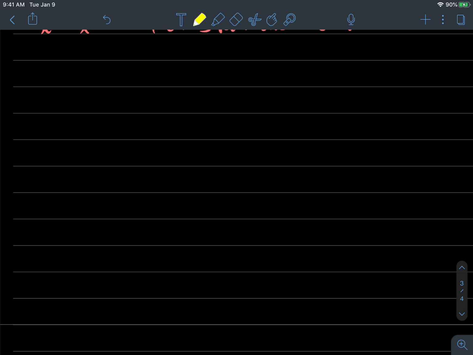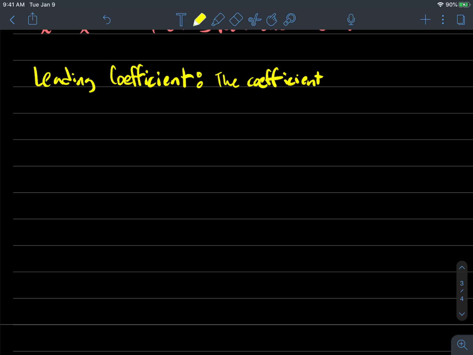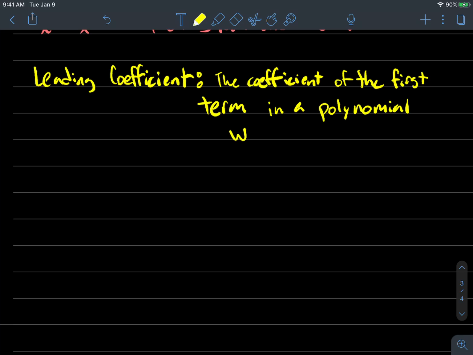We're going to go over the leading coefficient, and that's basically the coefficient of the first term in a polynomial written in standard form.